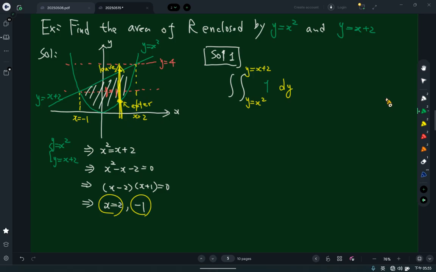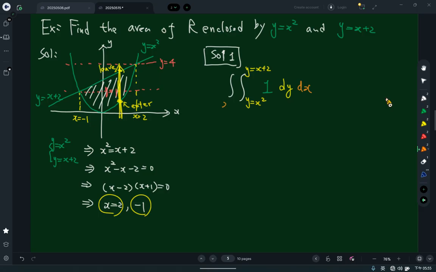Then the integrand is 1, right? Because I just want to get the area. I'm not talking about the volume. I just want to get the area. So focus on 1. Then the enter point is y is equal to x squared. Then leaving at y is equal to x plus 2. Then we integrate it with respect to x.